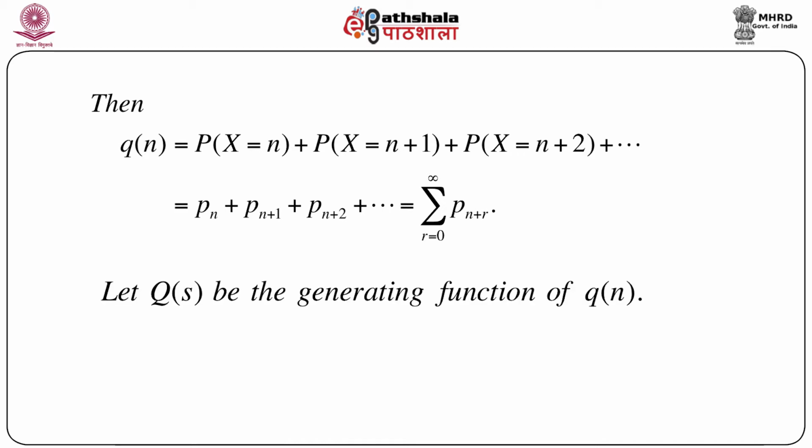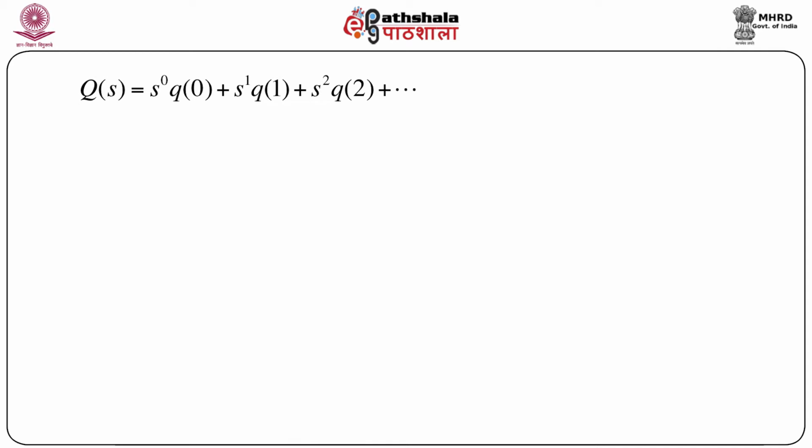Let Q(s), capital Q(s), be the generating function of small q_n. Then, looking at the generating function of P(s), we can immediately write Q(s) equals s to the power 0 times q_0 plus s to the power 1 times q_1 plus s squared q_2 and so on. Now remember, q_n is the summation over r from 0 to infinity of p_(n+r). So just replace these quantities in terms of p's.